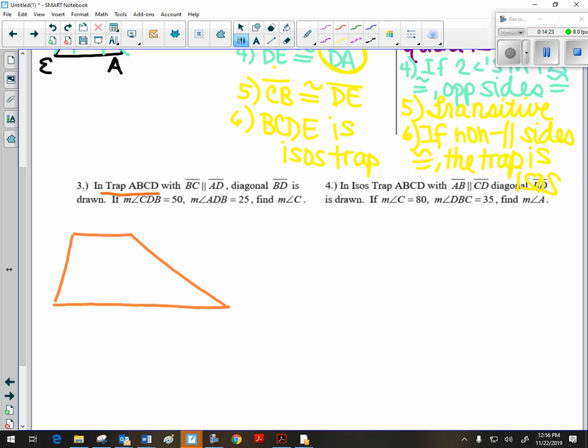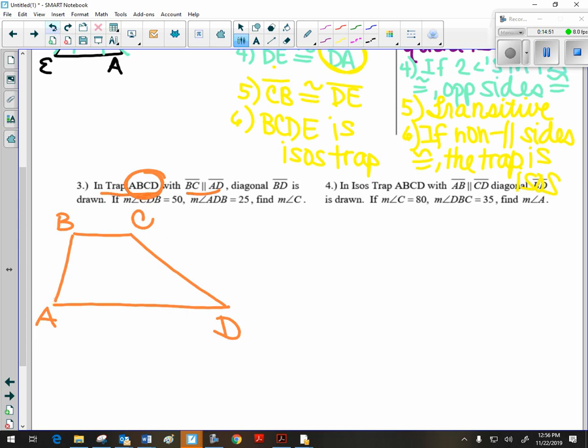The parallel sides are BC and AD. If I put BC here, I have to put A there and D here, because if the name of it is ABCD, wherever A is, I have to be able to work my way around the picture alphabetically according to its name. And if I put it any other way, this won't work. So we have to be a little careful on how we draw it.